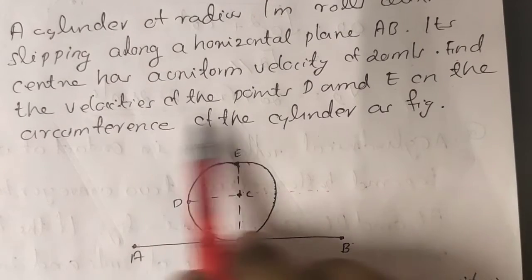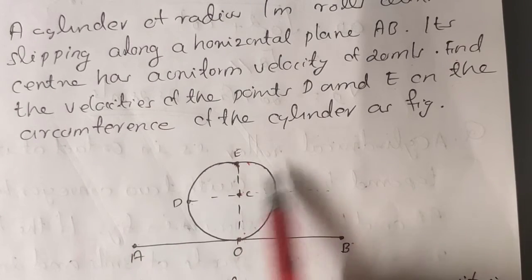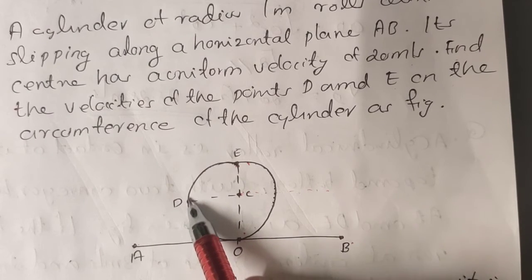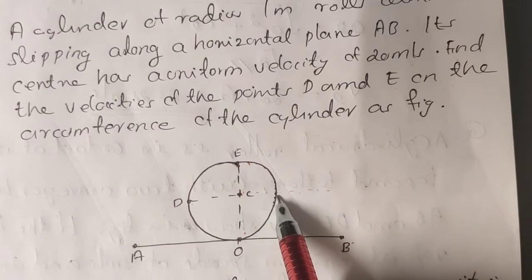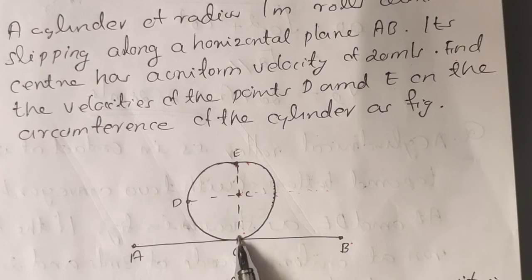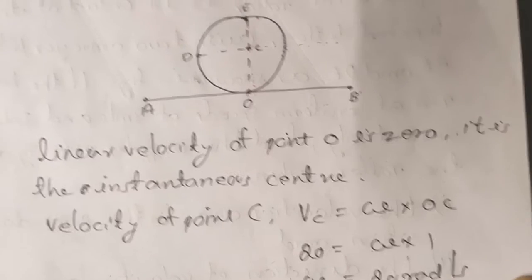Find the velocities of the points D and E on the circumference of the cylinder. The point D is moving in this direction, E is going in this direction. So what are the velocities of D and E according to this point? This is the question. So we can come to the solutions.